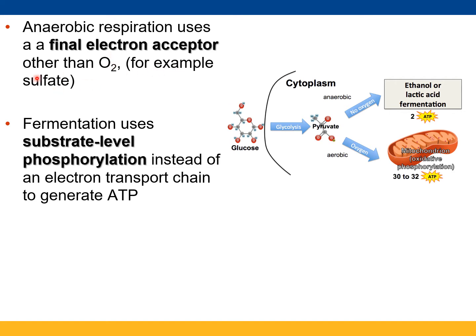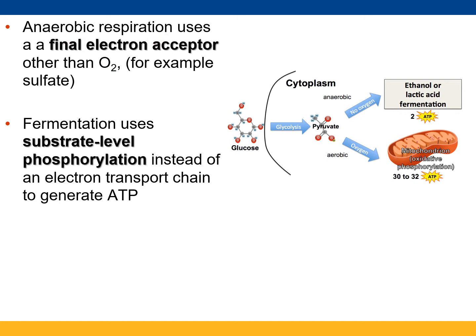For instance, bacteria and certain types of fauna that live in volcanic vents that are very rich in sulfates, or hot springs like in Yellowstone. They can do an equivalent of aerobic respiration using an electron transport chain. It's just that oxygen isn't going to be the final electron acceptor. Sulfate and other types of molecules become the acceptor, and so it doesn't need oxygen, and that's why it would be anaerobic.